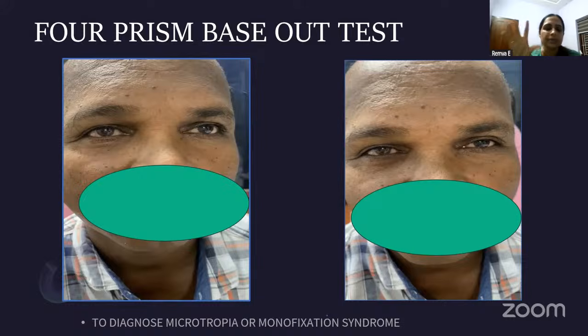Now, just imagine my right eye has microtropia. I am placing the prism in front of my normal eye first. When I place the base out prism in front of my left eye, the left eye goes in and the right eye goes out, according to Hering's law.